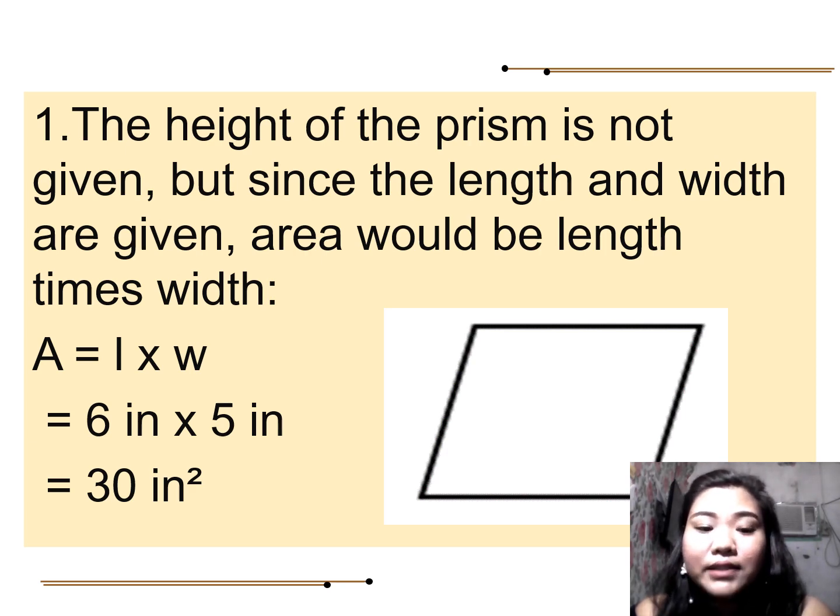In our past lesson, area is equal to the length times the width. The length in this problem is 6 inches and the width is 5 inches. So the area of this pot is 30 square inches.